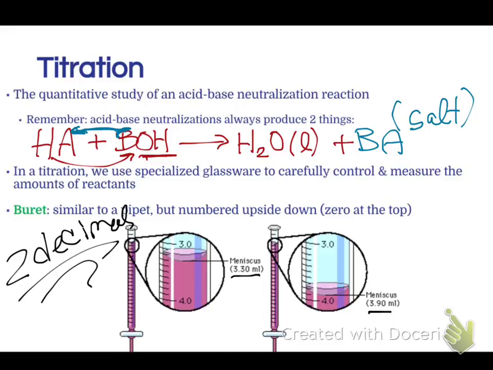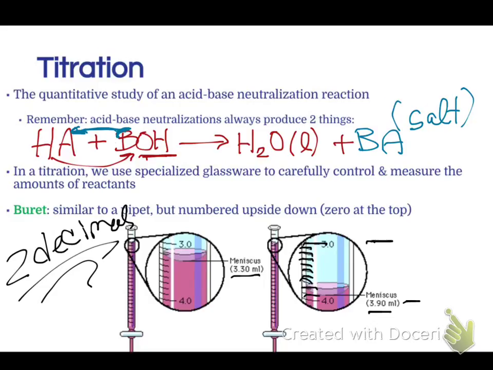We're going to read the burettes really carefully. Another thing is they're upside down. If you look at the diagram here on the right, 3 is up at the top and 4 is down at the bottom. We're used to reading the other direction, so it takes a little bit of practice, but each line represents 0.1. So it's 3, 3.1, 3.2, 3.3, 3.4, 3.5, 3.6, 3.7, 3.8.